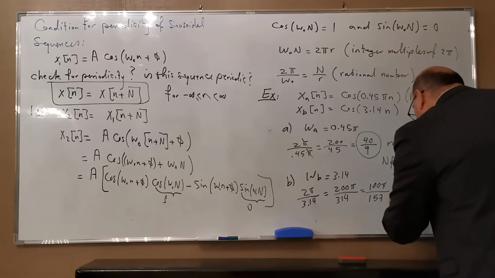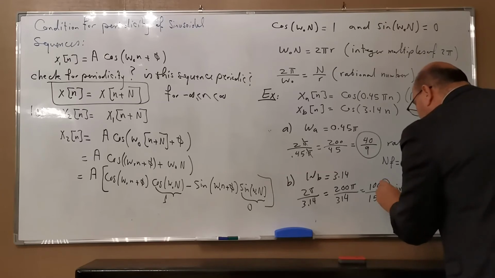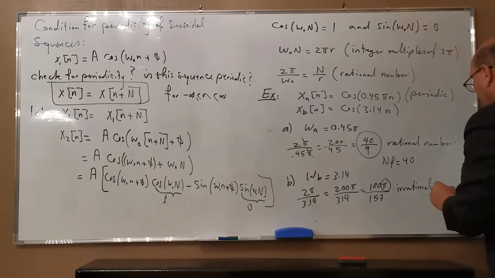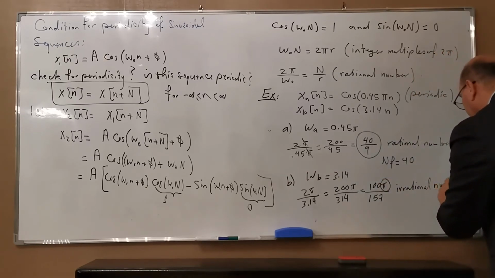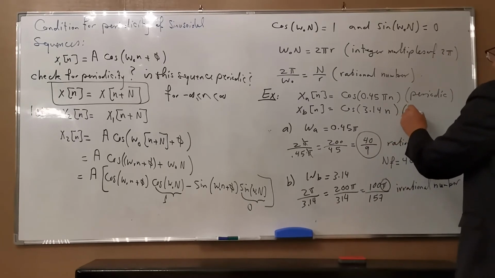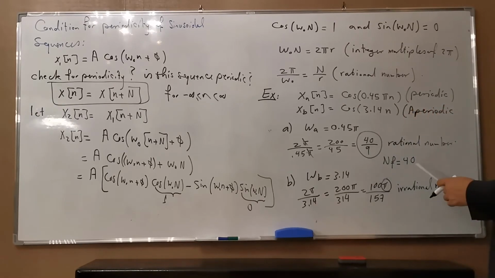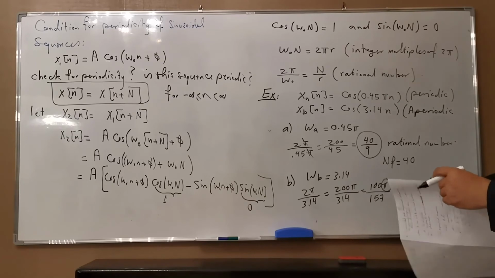So this is irrational because it contains pi, an irrational number, and the function xb is aperiodic.